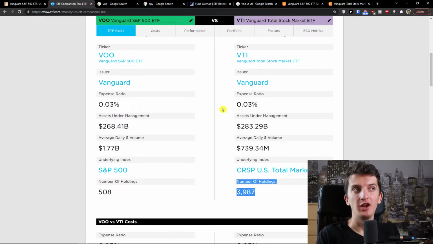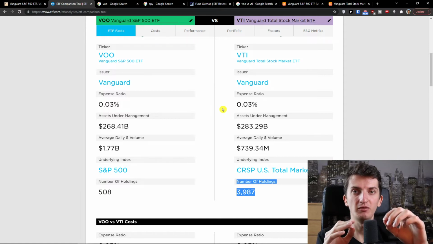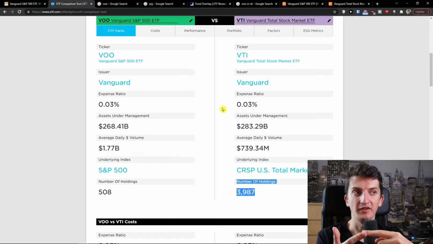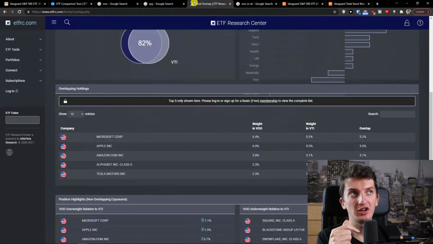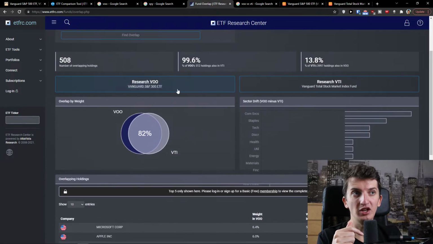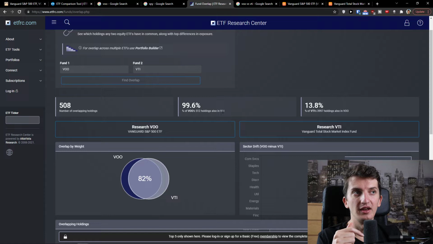What does it mean? The main difference between these two is that VTI also has smaller and mid-size stocks, compared to VOO, which only has large-cap stocks. When we click here on the fund overlap, you can see clearly that 99.6% of VOO's 512 holdings are also in VTI.